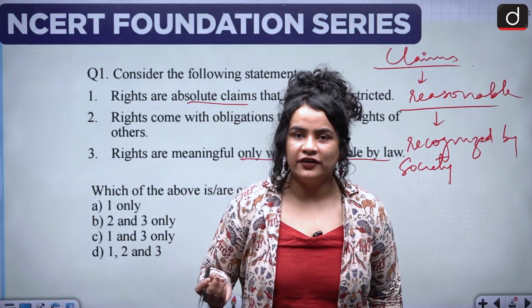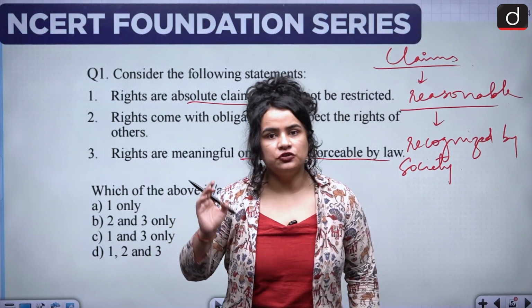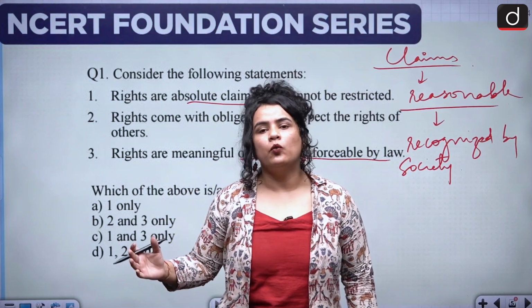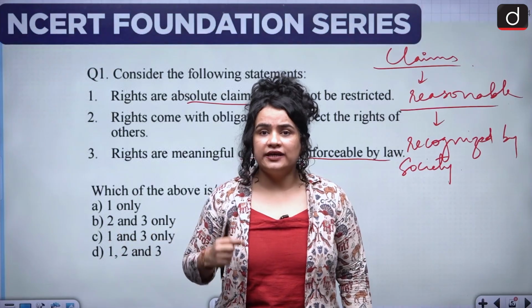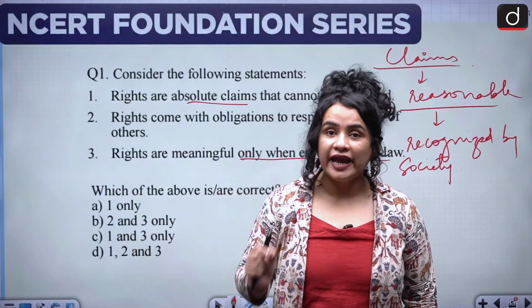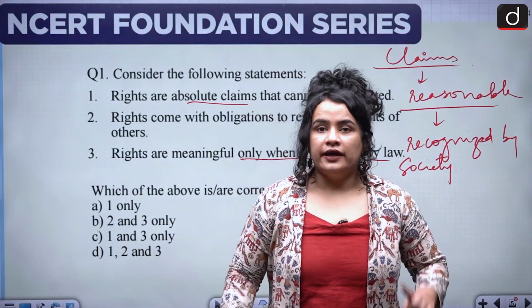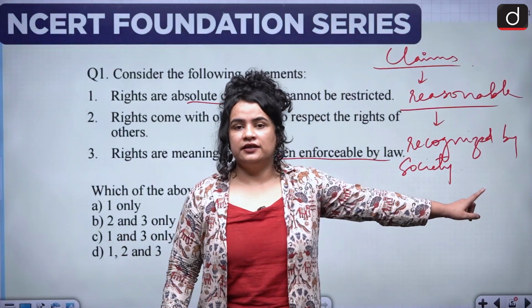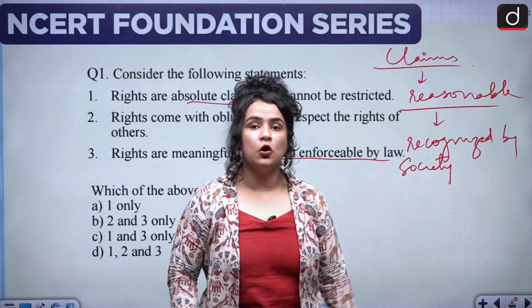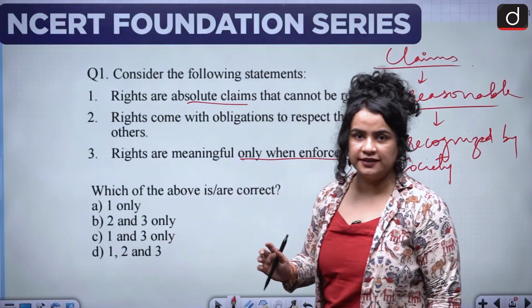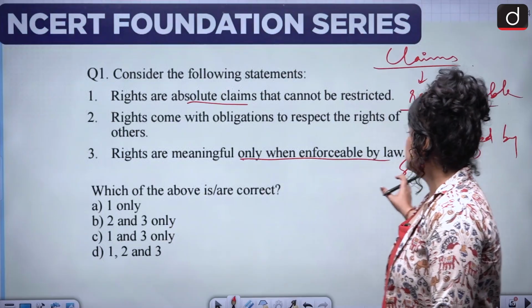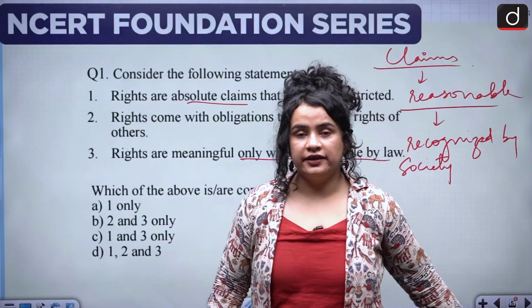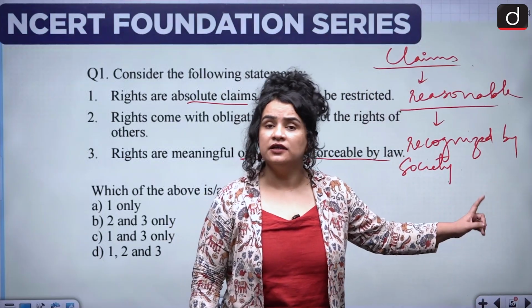Will having any right matter at all? Since you're all alone, you can do whatever you wish to. There is no claim that you have to make against anybody. So, rights are discussed only when talked about in the purview of a society, a social setup. So this is again a very important condition of a right. It has to be recognized by a society.